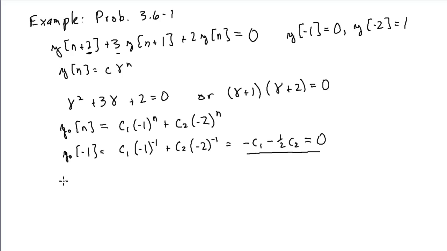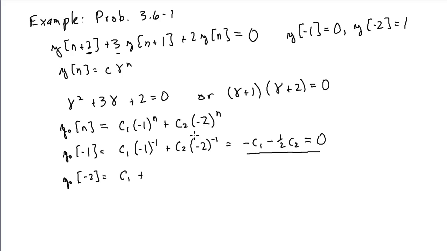For the other equation, I evaluate my zero input solution at n equal to -2. Here I'll have -1 to the -2 power, or the reciprocal squared, that's going to be 1, and then I'll have plus C2 times -2 to the -2 power.